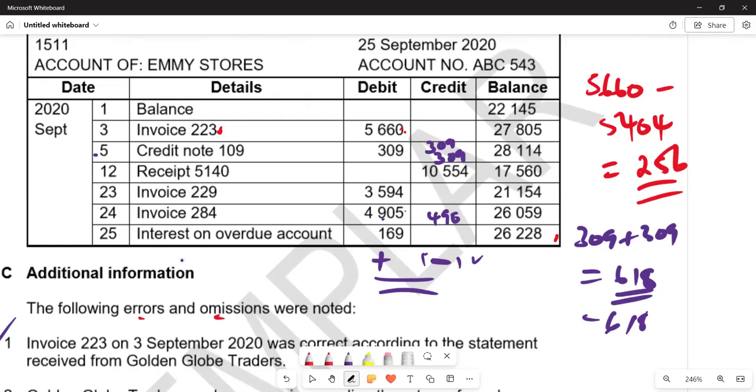So this amount is not appearing in the ledger. This is our ledger. You see that 169 is not there. It should appear on the credit side, 169. And we know that when it's on the credit side, it's a plus. So we are going to indicate as such on the answer section.